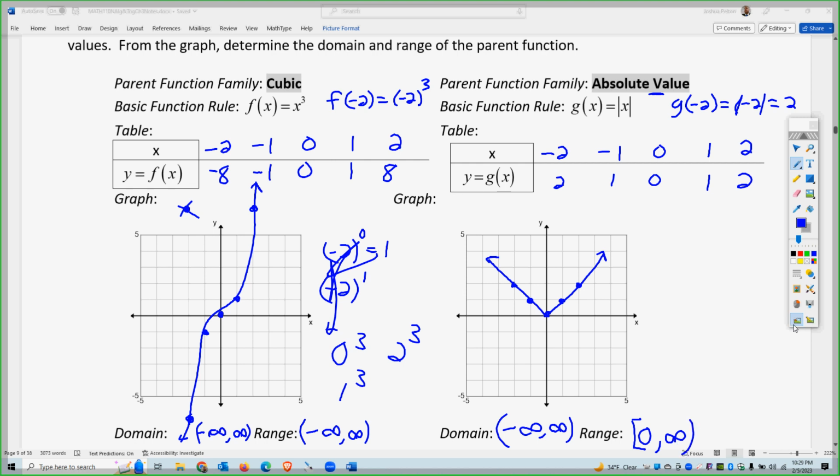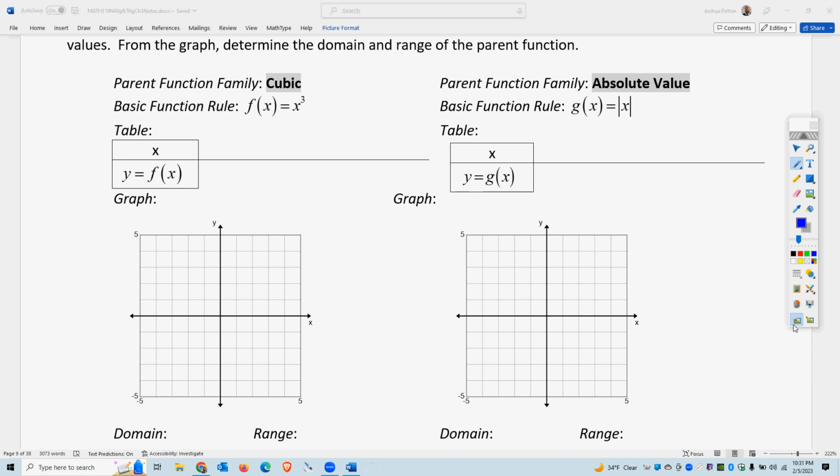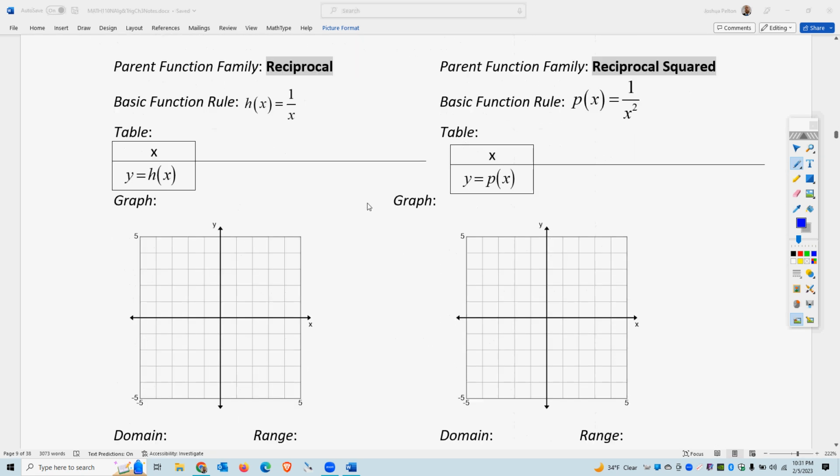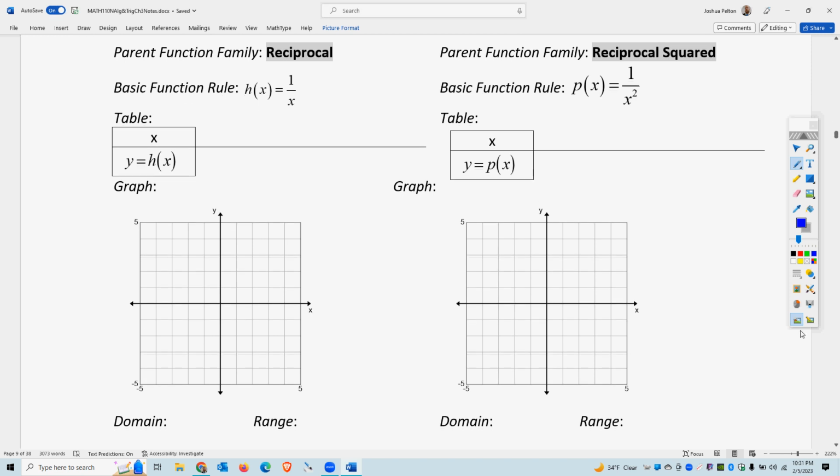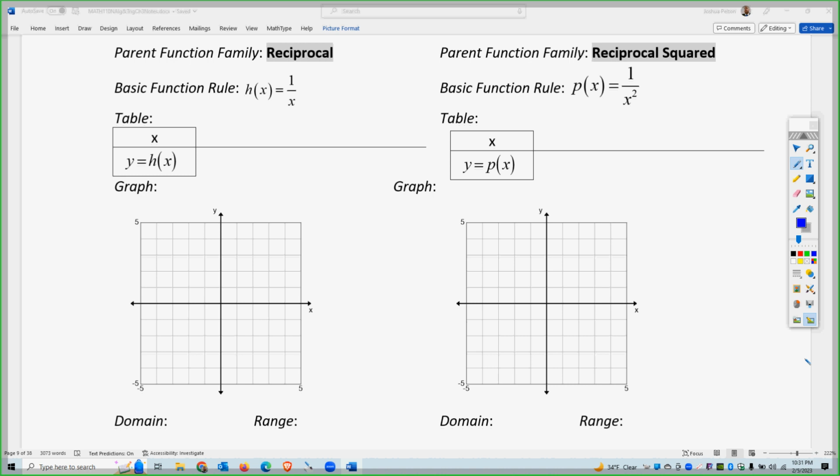Okay, let's try the next two. All right, we have the reciprocal and reciprocal squared. These are the tougher ones. So if I try these, right, so I'm going to get -2, -1, 0, 1, and 2.